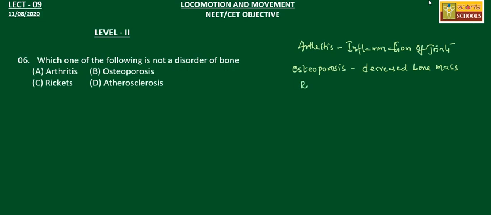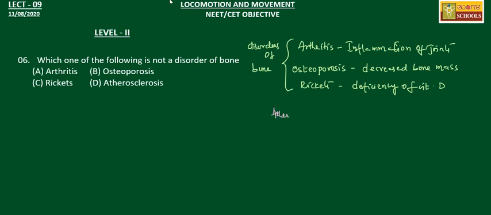The next one, rickets. So rickets is caused due to deficiency of vitamin D. So all these three are disorders of bone. And coming to atherosclerosis.